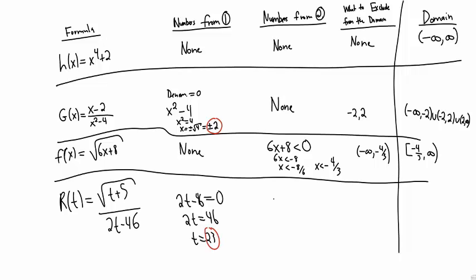Now over here, we're taking a square root. So when is this radicand negative? It's negative when t is less than minus 5. So we also have to exclude that. Just like in the last example, we have to exclude a whole segment.